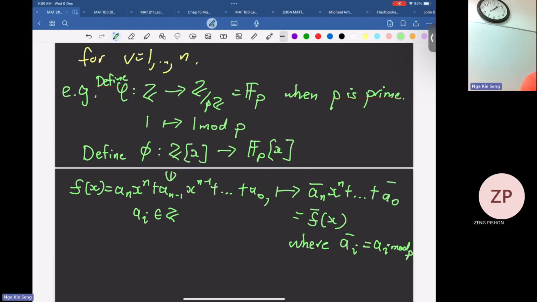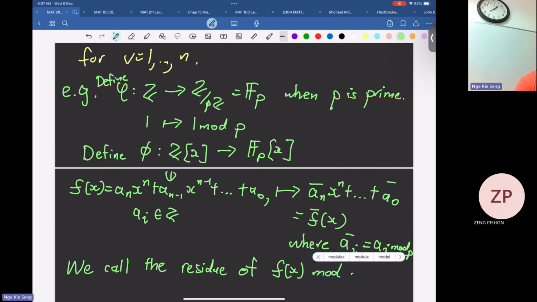This is what we call the residue of f(x) mod p.